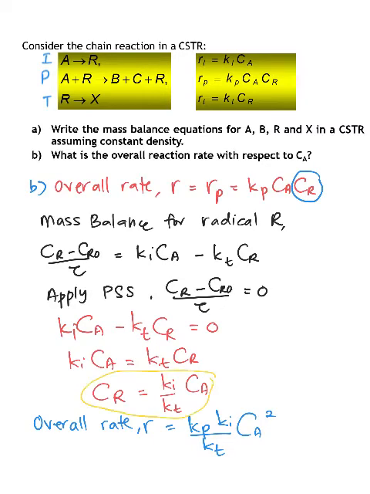This CR term, we replace it in the overall rate law equation. So the overall rate equals KP KI per KT CA square, which is a second order reaction.